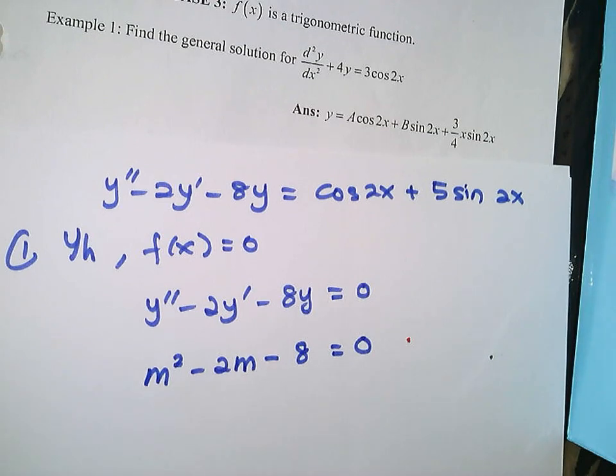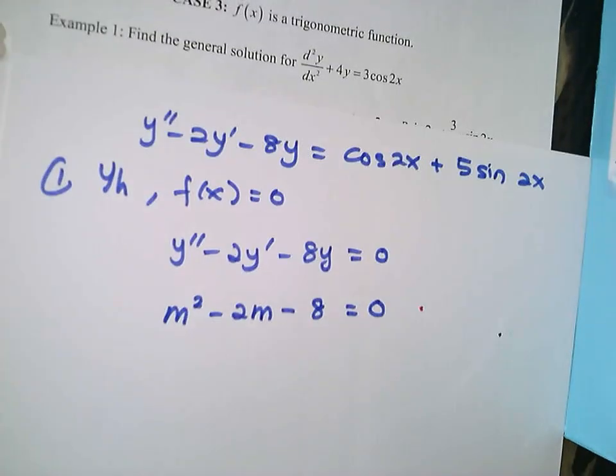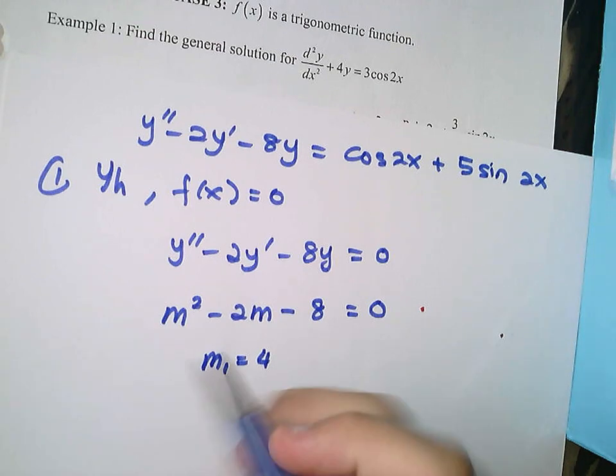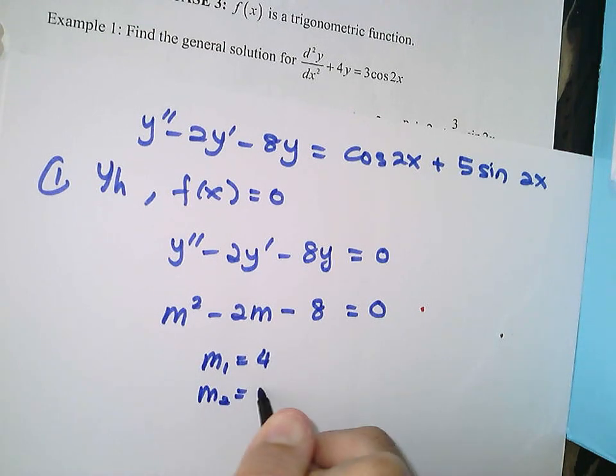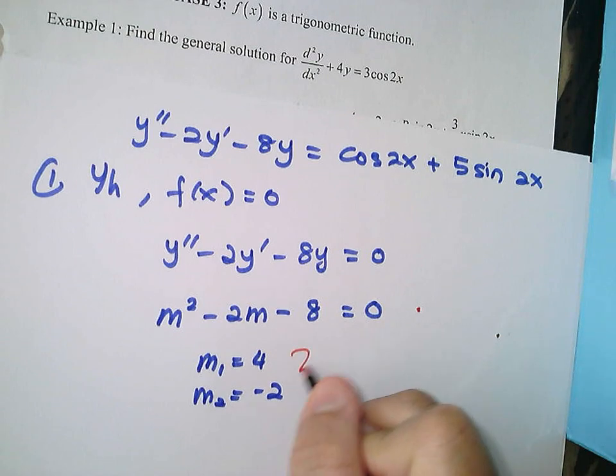So therefore your m1 is equals to 4 and your m2 is equals to negative 2. Okay, so this is case 1, different root.